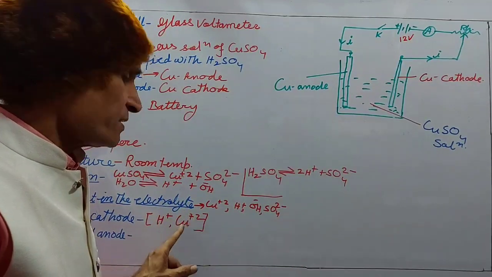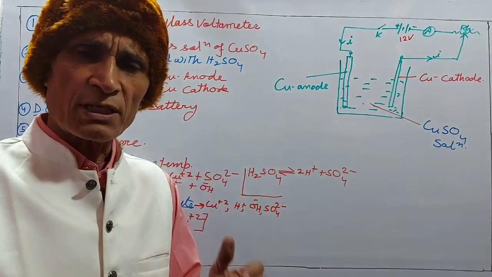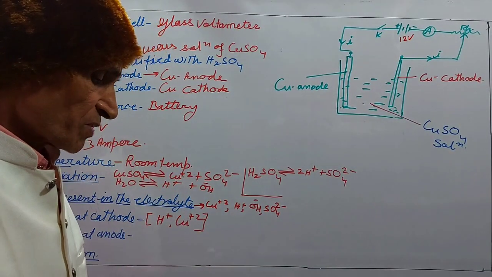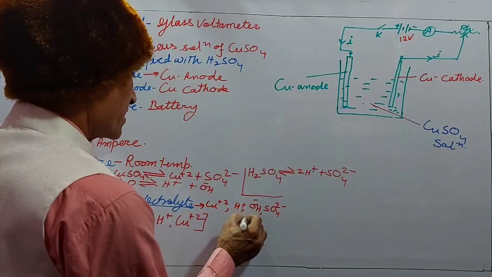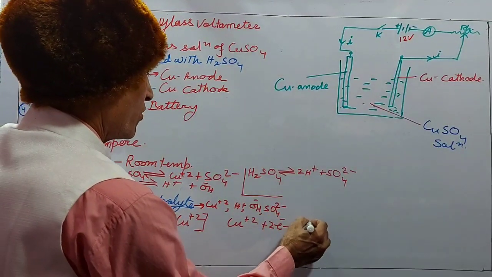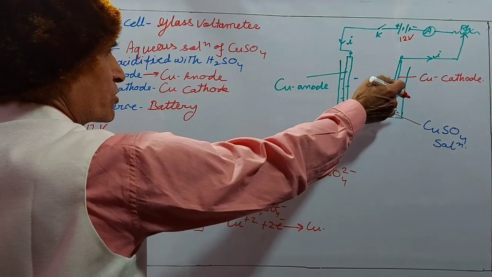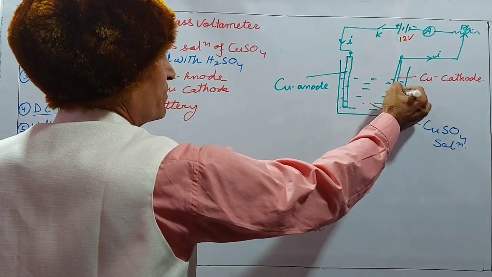The Cu 2 plus ion, or copper ion, is below hydrogen in the electrochemical series. Therefore, it undergoes discharging. This Cu 2 plus ion gains 2 electrons to form copper metal at the cathode and gets deposited over here.